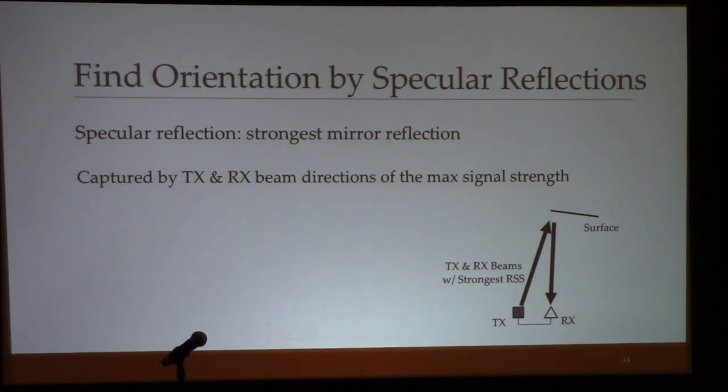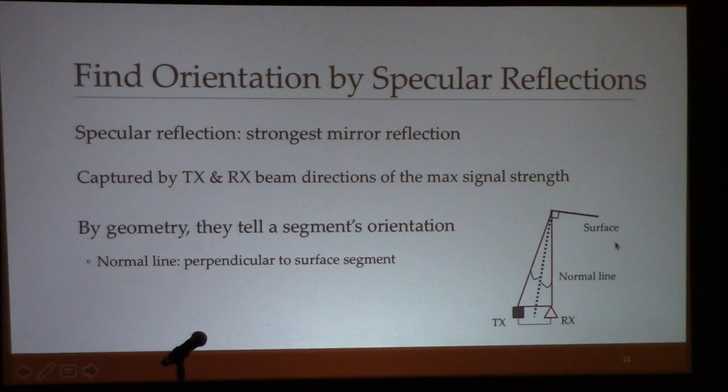They can find the beam directions that lead to the maximal received signal strength. These are the specular reflection directions. By geometry, we can use them to estimate the orientation of each surface segment. In particular, we use them to derive the normal line of each segment, which is perpendicular to it.